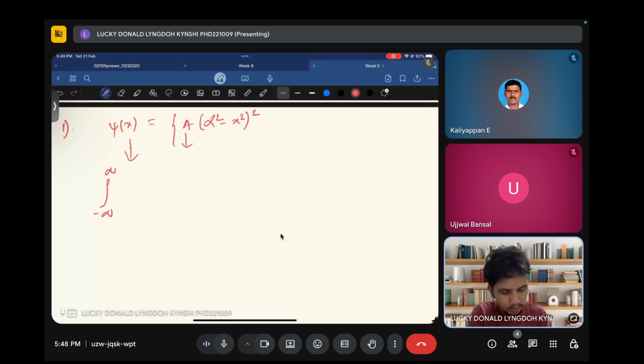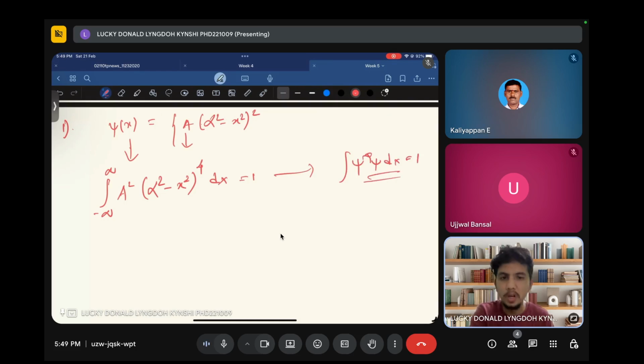So psi star psi means A square times (alpha square minus x square) to the power 4, dx equal to 1. This is the normalization condition that we did a long time back. Now if you evaluate this integral from minus alpha to plus alpha of (alpha square minus x square) to the power 4 dx, what happens?